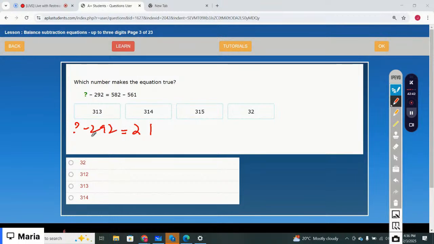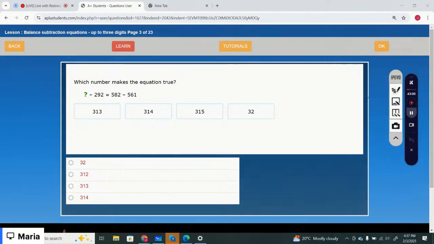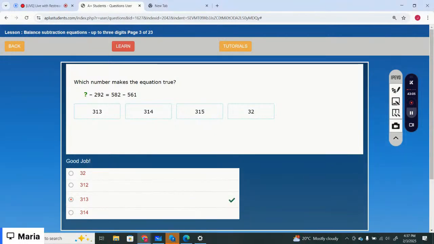So you need to add 292 to both sides. That is 313. Option number 3 is the correct option. That is 313.